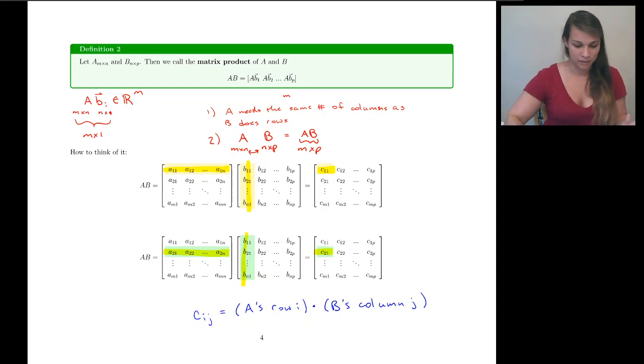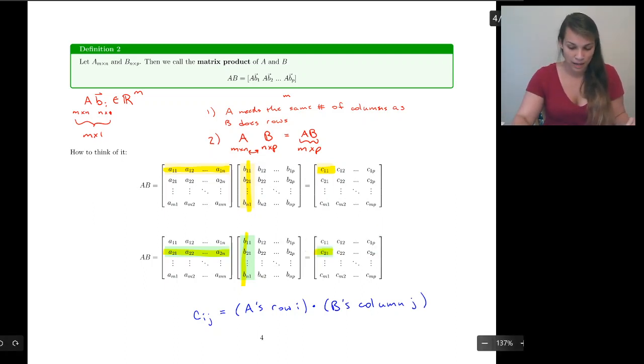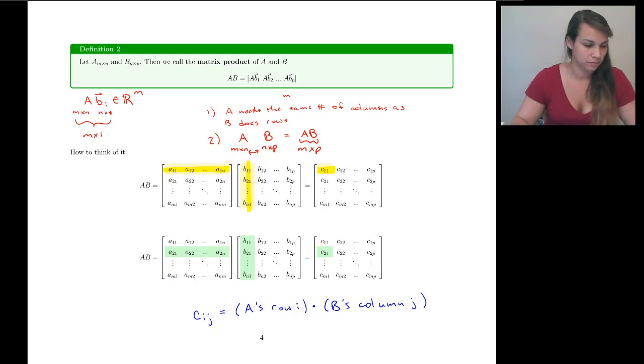Again, I prefer to go through the first column of the results, just because I think it helps me write more neatly. But if you would rather tackle the entire first row, that is okay. And I'm going to show you an example of how I would multiply all this out.